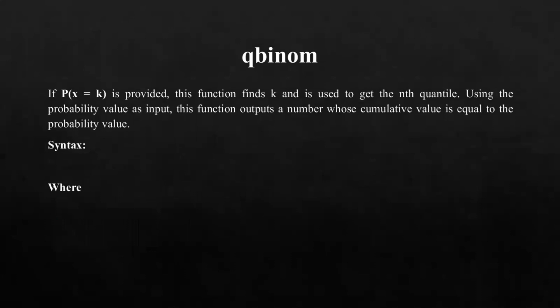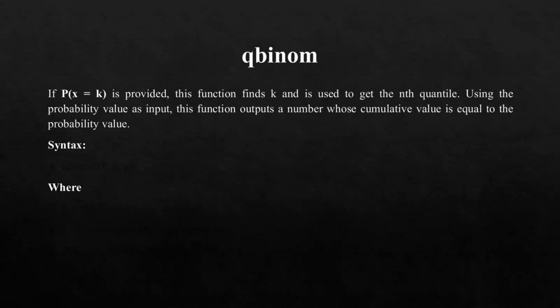Next we have the QBI norm function. If P(X = k) is provided, this function finds k and is used to get the nth quantile. Using the probability value as input, this function outputs a number whose cumulative value is equal to the probability value.